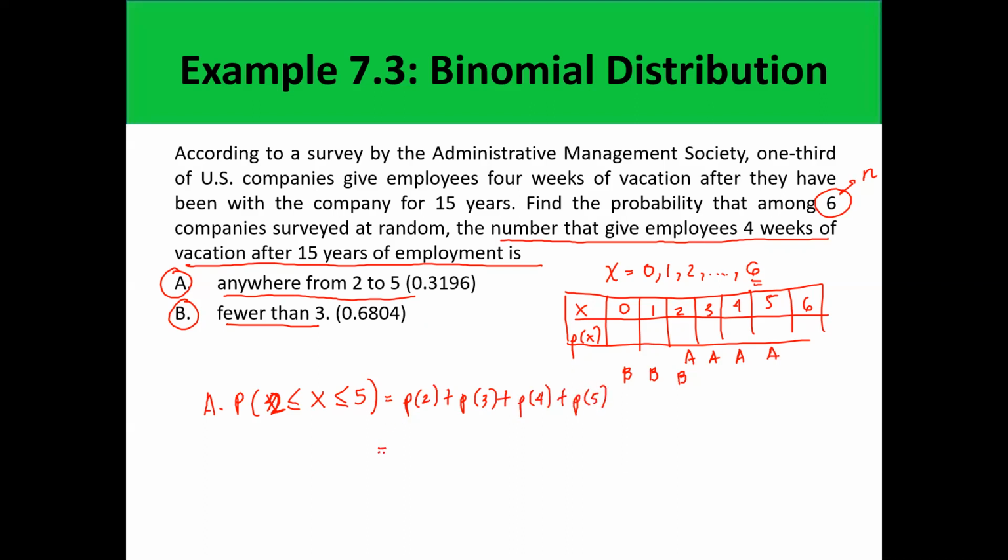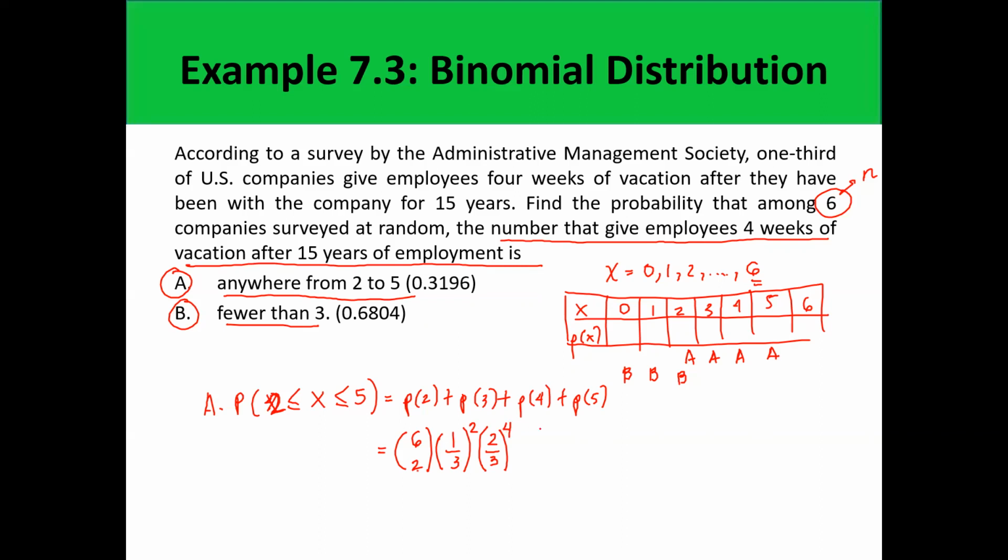Now, the probability that x equals 2 is computed as 6 combination 2, that's the number of trials, combination x, which is 2, and we multiply it to the probability of success. So the probability that a company would give employees 4 weeks of vacation after they have been with the company for 15 years is 1/3. And we shall raise this to 2. And then it is multiplied to the probability of failure, which is 2/3, raised to 6 minus 2, which is 4.